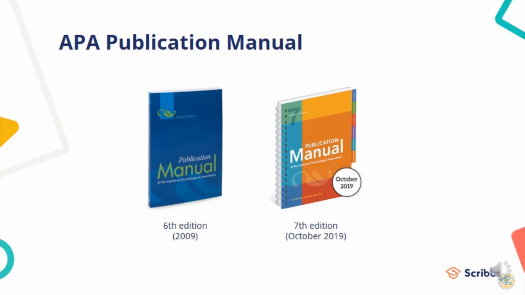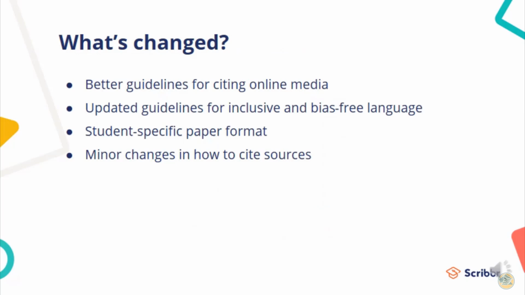So it's been 10 years since the last edition came out. The 7th edition came out in October 2019, and you've probably started hearing about it in January 2020. So what's changed? There are more examples and easier guidelines for citing online sources, for example, social media, podcasts, and YouTube videos.